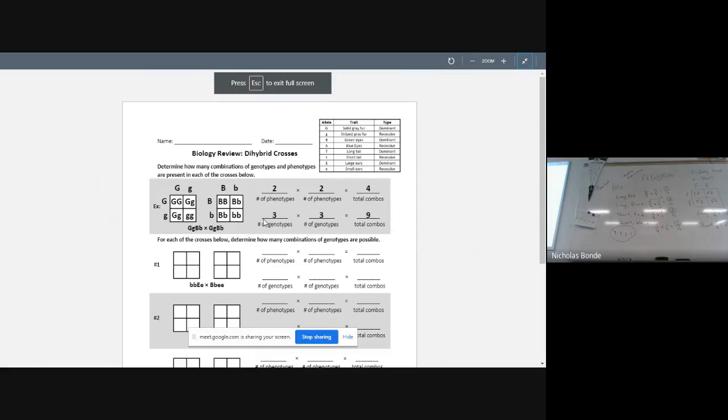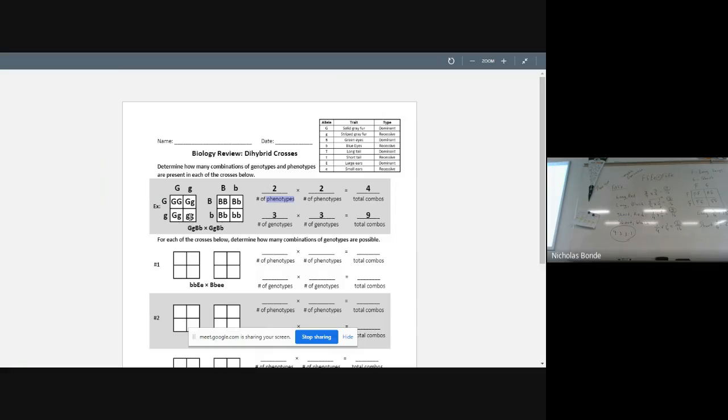is, how do we determine the number of possible phenotypes and genotypes in a given dihybrid cross, okay? So how many possible combinations do we have, okay? And the trick is after you fill out each individual Punnett square, you will have to count the amount of, in this case, we'll start with phenotypes, right?